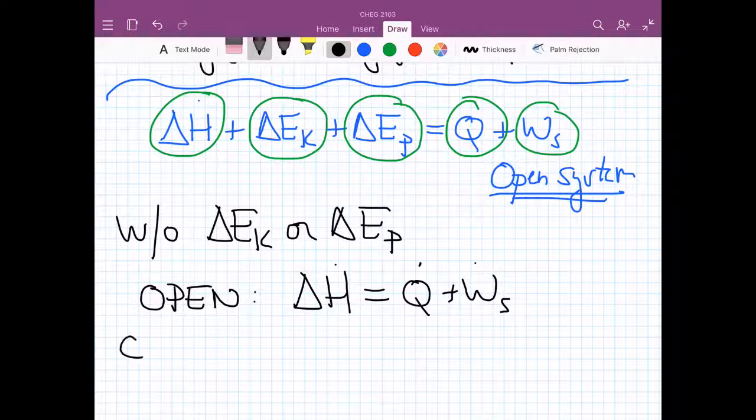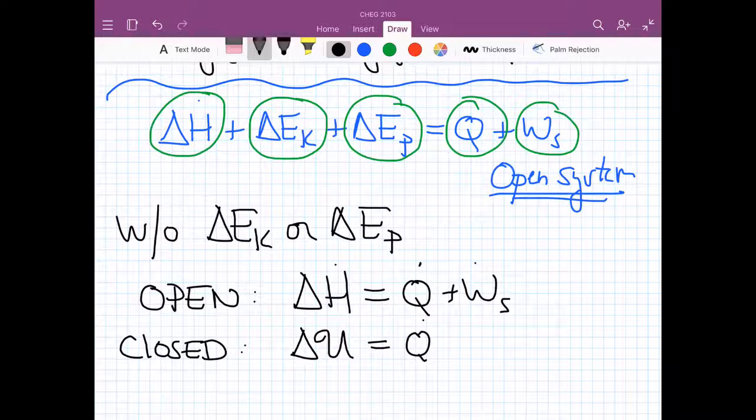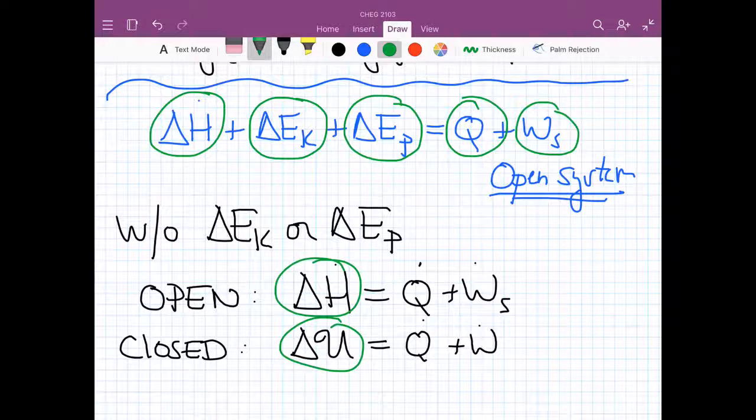And for my closed system, the analogy was the change in internal energy equal to Q plus W. So we see that in general, enthalpy is what we use for open systems because it incorporates flow work, and internal energy is what we use for closed systems because there is no flow work. So that is, in a nutshell, how we developed both the open system energy balance and the closed system energy balance in a general sense.